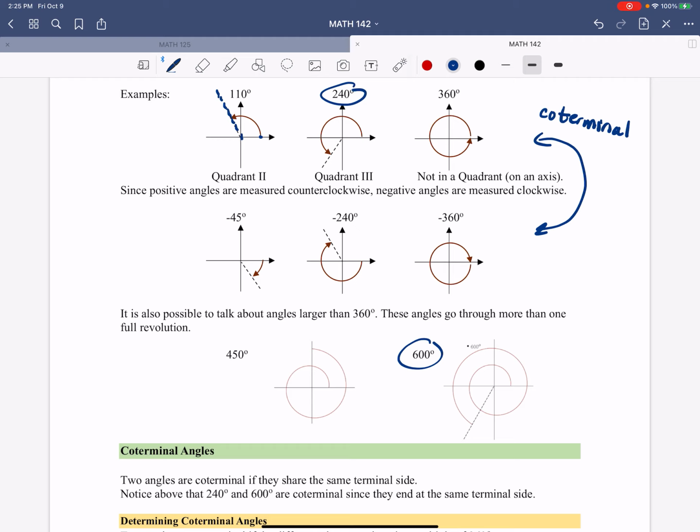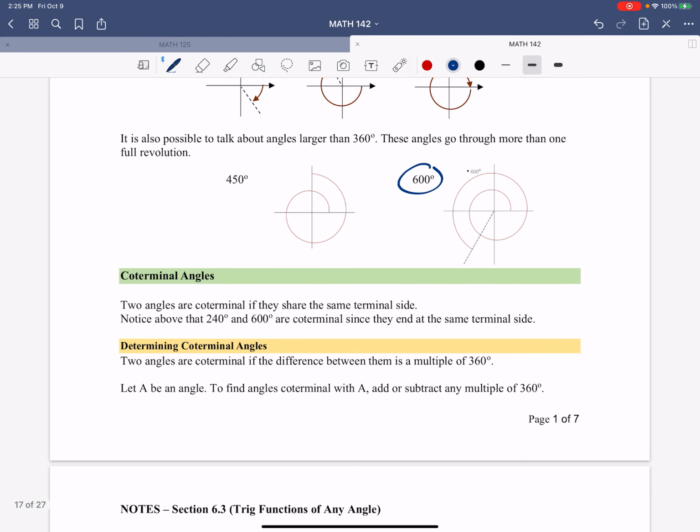So what does that mean is our pattern or our rule for finding coterminal angles? Well, as you can probably tell, if I have an angle, I can either add a revolution or subtract a revolution to get another coterminal angle. So that's going to be our rule of thumb. We add or subtract some multiple of 360.